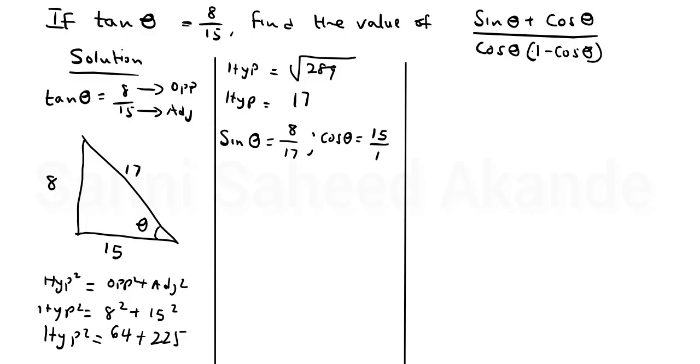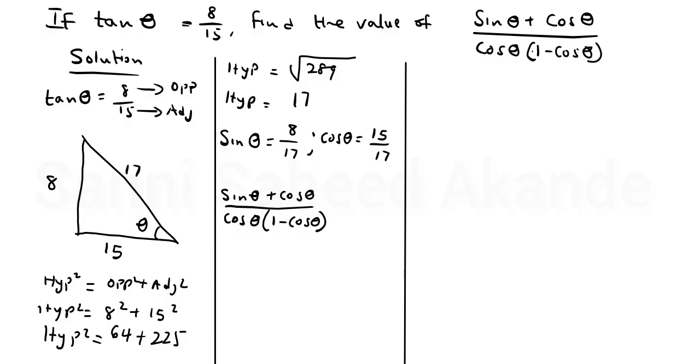So now that we know the value of tan theta, cos theta, and sin theta, we can go ahead and find the value of sin theta plus cos theta, divided by cos theta open bracket 1 minus cos theta. Let's quickly do that.